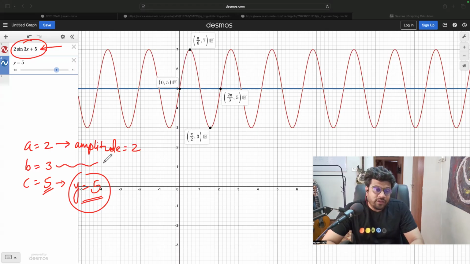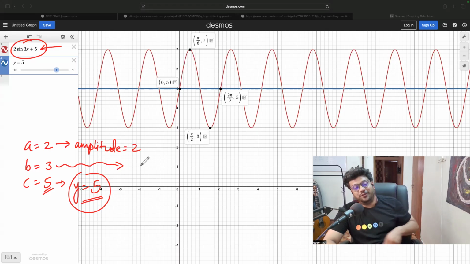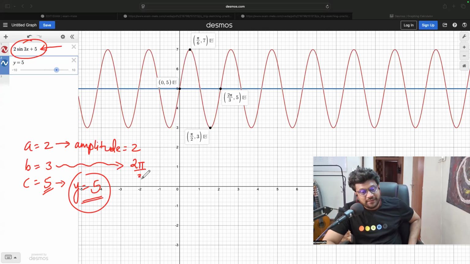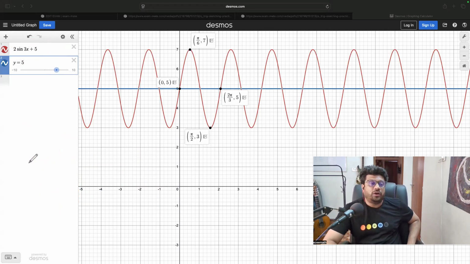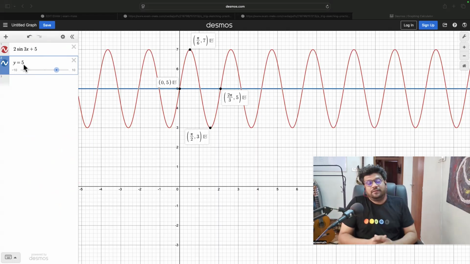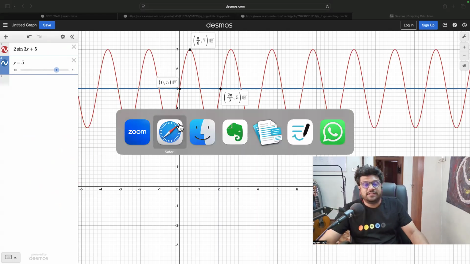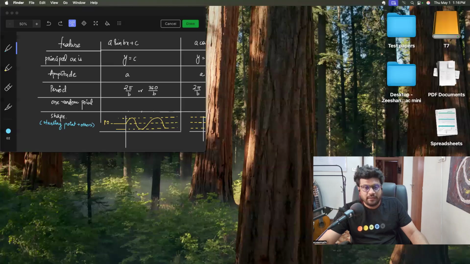And if you pay attention here, don't you see that the period was 2 pi by 3? Look at how these numbers show up in the sketch. 5, principal axis. 3 shows up here in the period. Amplitude of 2, A equal to 2, shows up here in the amplitude. Look at that. And that is what we are going to summarize about this sketch. I'll show you the whole summary.